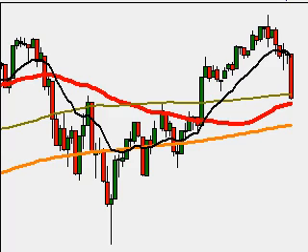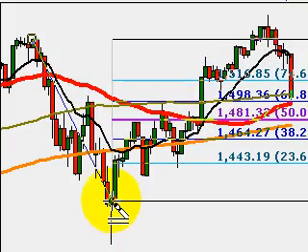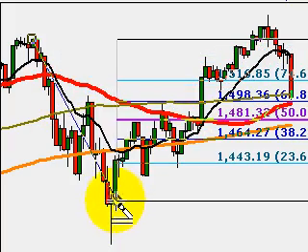Some of the most common would be Fibonacci ratios, Fibonacci retracements, things like that. You're looking at the market moving in ratios and in certain consistent percentages. So, for example, just the most basic thing that pretty much everybody knows would be a Fibonacci retracement.